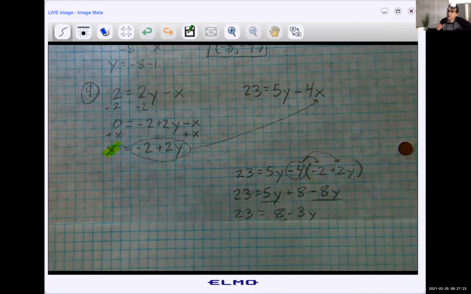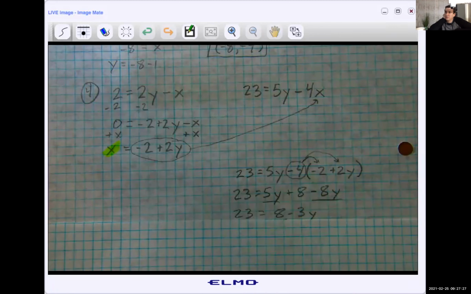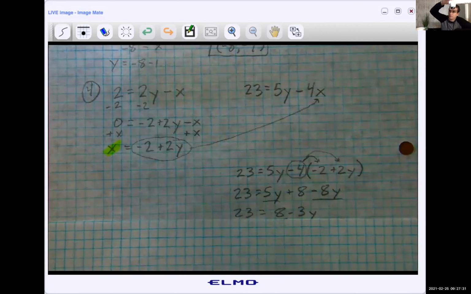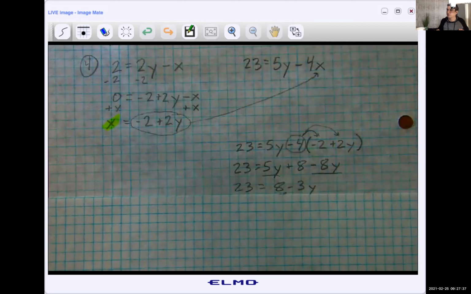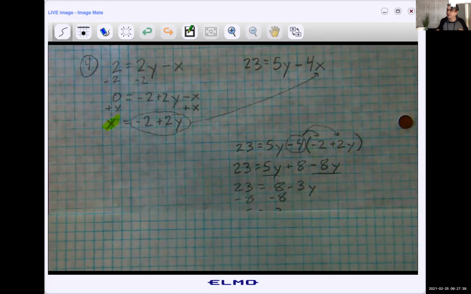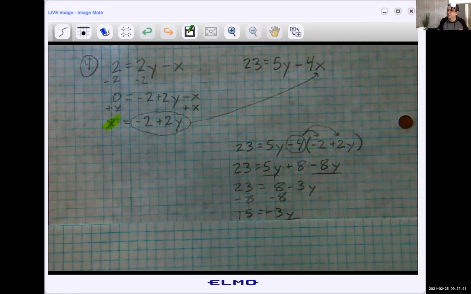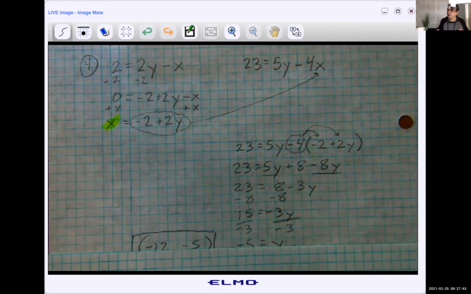So we get that. And then we subtract 8, divide by -3.